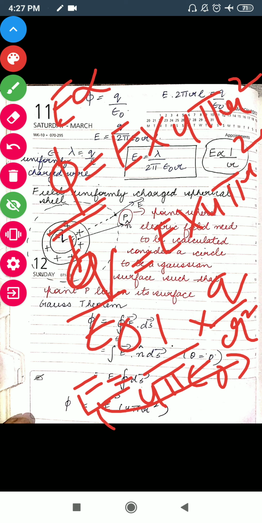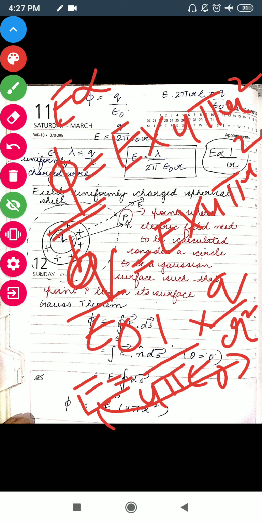Now we will discuss two more cases. If small r is less than capital R, that is if you go inside the shell, you are very well aware that there is no charge inside the shell. So inside the shell the flux is 0, as there is no charge inside the shell.